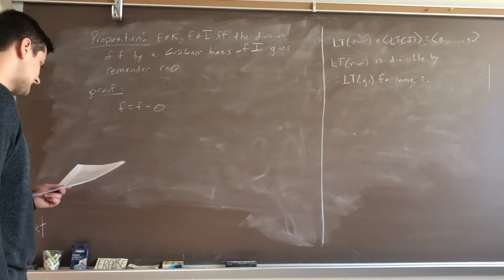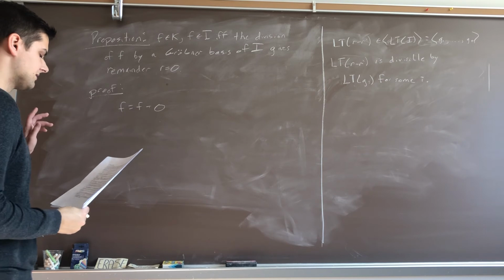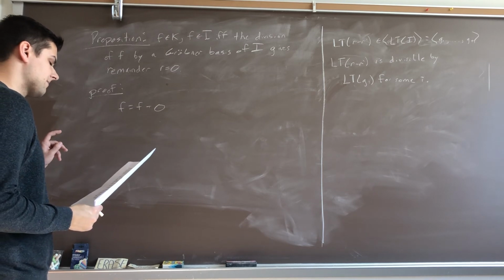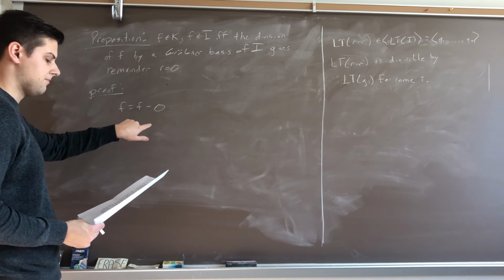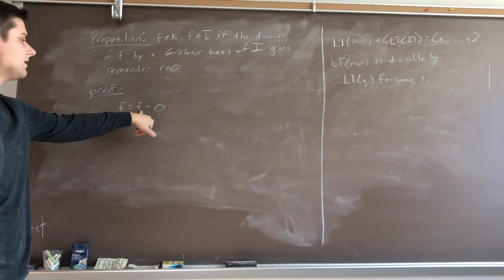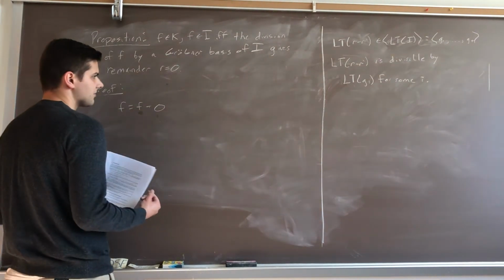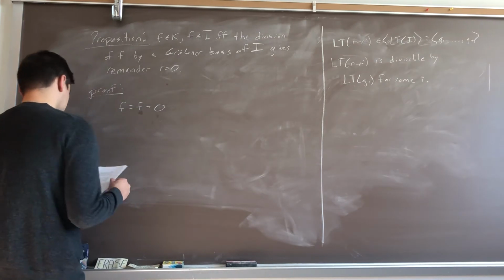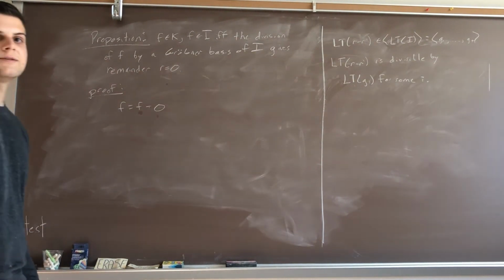And that second property of the Gröbner basis told us that there is only one r such that both of those things are true. So the fact that f is in I tells us that r has to be 0 by that second property. Okay. And that gives us this ideal membership check.